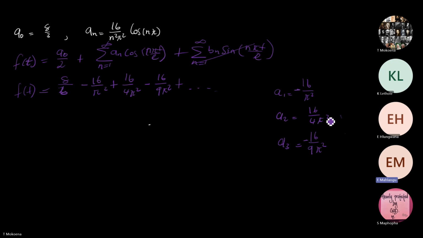Yeah, when you write the final answer, maybe you write the answer for 16 over pi squared, then you write the cos n pi t over L again. Oh, I see. Yeah, I understand.